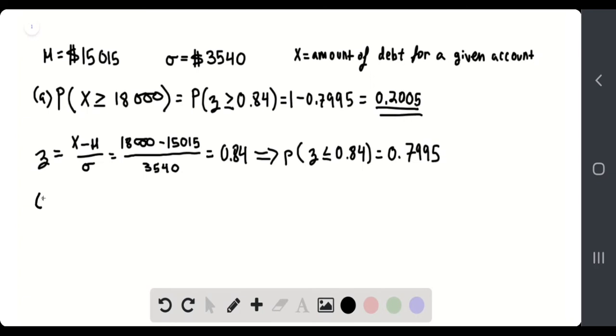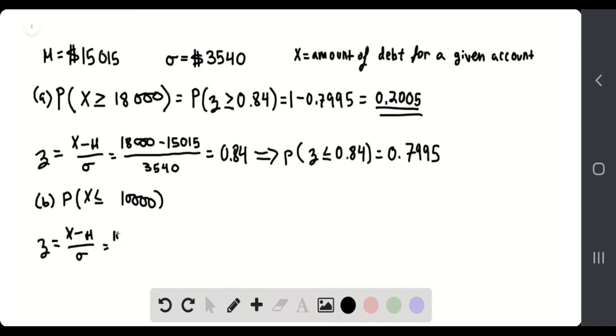All right, part B. It wants us to find the probability that the debt for a borrower with a good credit score is less than 10,000. Once again, we're going to find our z-score using the same formula.